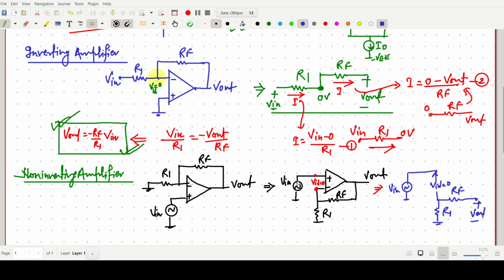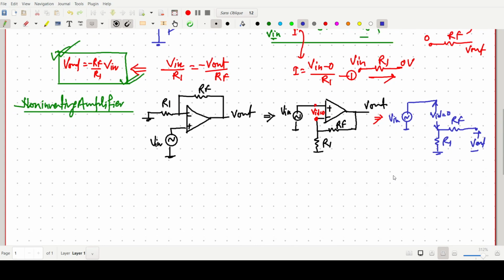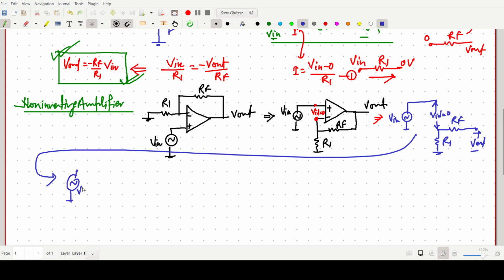Same V in. VID will be 0, this voltage will be 0, so make it 0. R1, RF. Now again we have to redraw the circuit. Here V in, this one is VID 0, R1, RF, plus minus, V output.